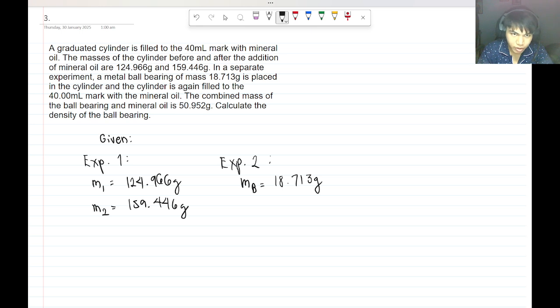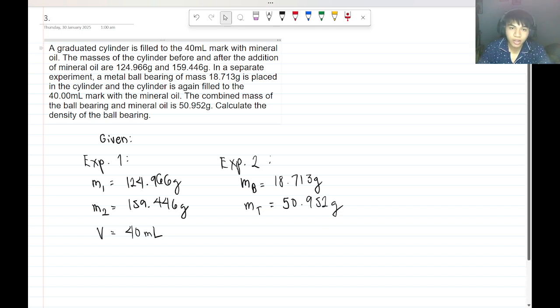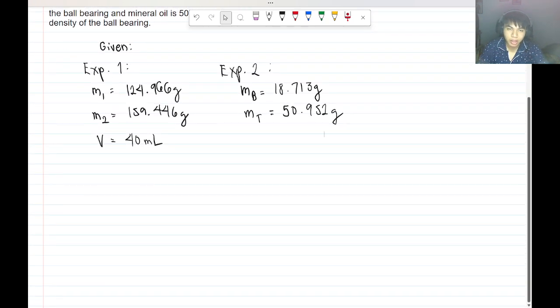Actually, you have a volume here, right? And we have a total mass. Yeah, mass total is 50.952 grams.